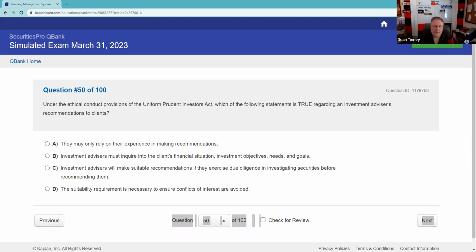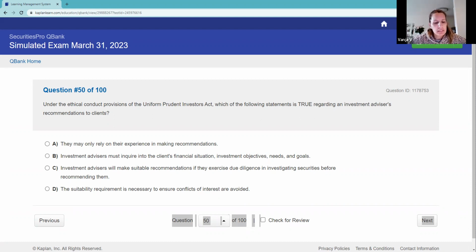Under the ethical conduct provisions of the Uniform Prudent Investor Act, which of the following statements is true regarding an investment advisor's recommendations to clients? They may only rely on their experience in making recommendations. I sure hope not. Investment advisors must inquire into the client's financial situation, investment objectives, needs, and goals.